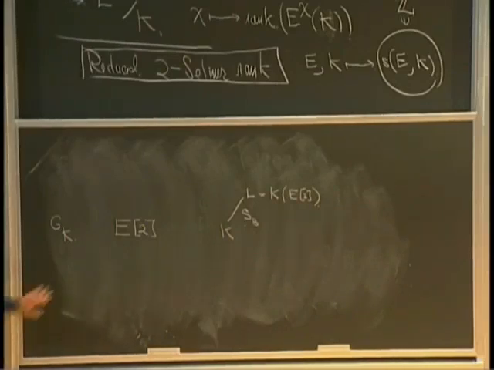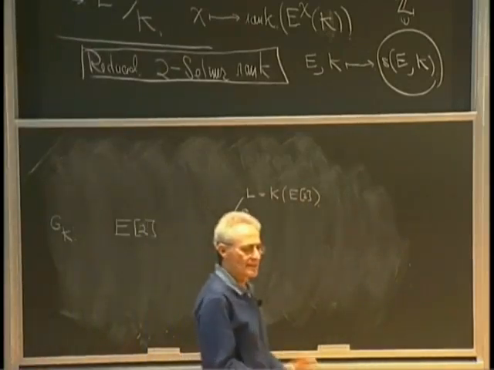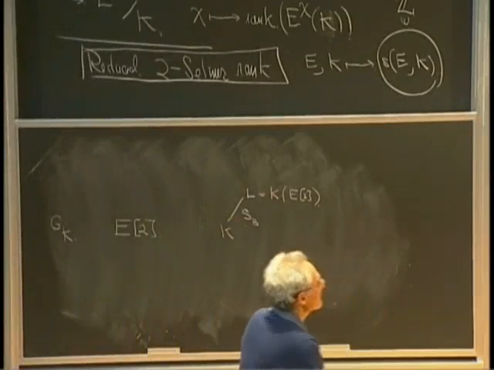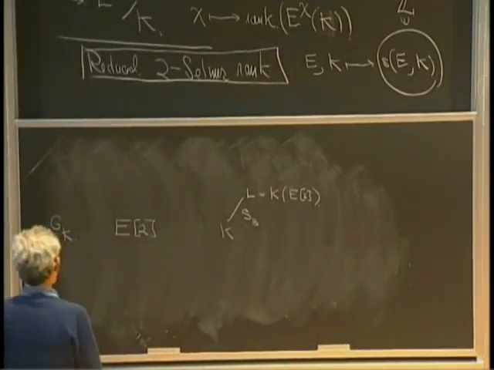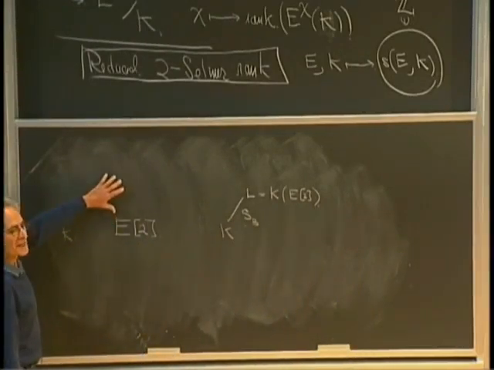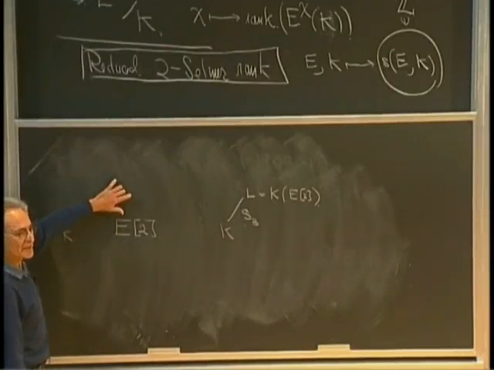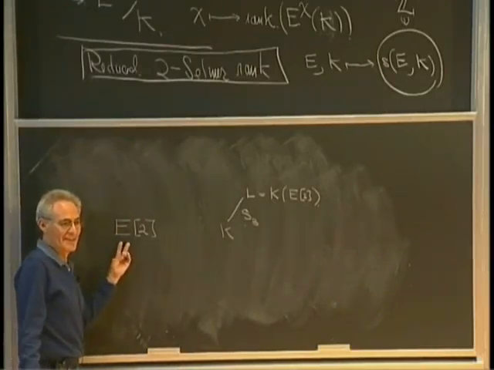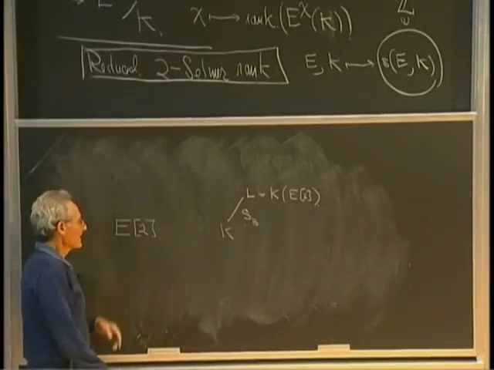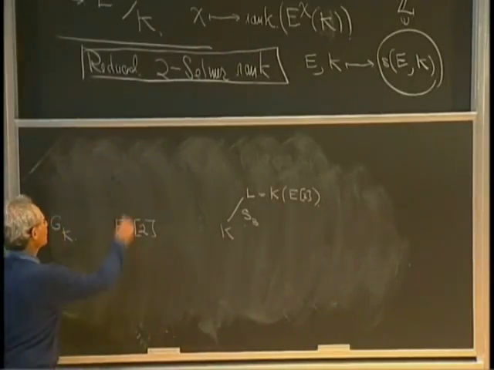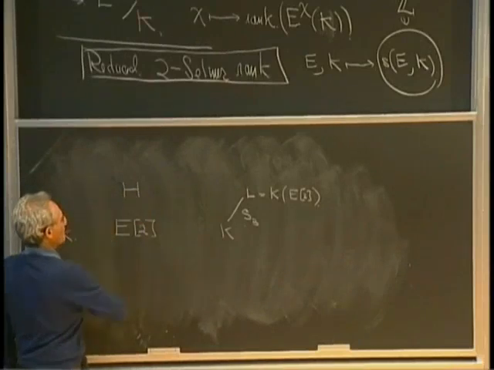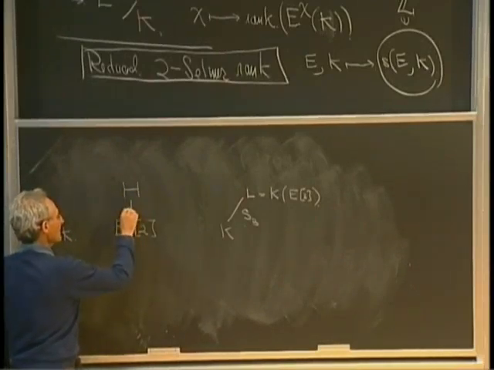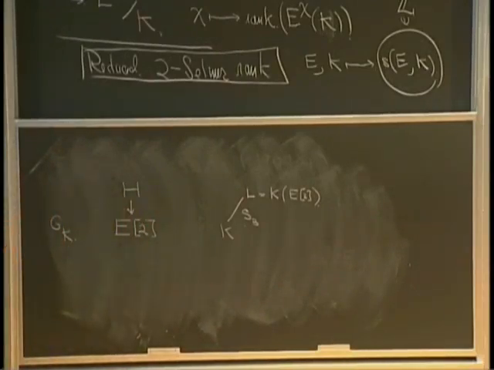But that's not enough if you're ever going to get any of the results that you really want to get. There's a Heisenberg structure. There's a Heisenberg group of it. This is only a Klein group, after all. It's a Klein 4 group. There's a group of order 8, which I'll call H for Heisenberg, mapping to E[2].